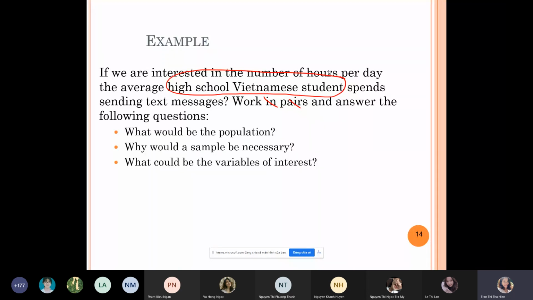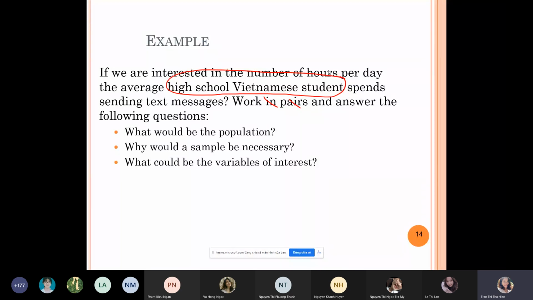Maybe you will ask 10 or 5 students from each high school in Vietnam, right? And after that, use that information to estimate, to predict the average hours sending messages for all the Vietnamese students.